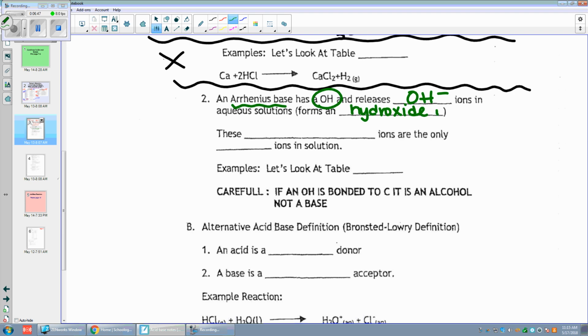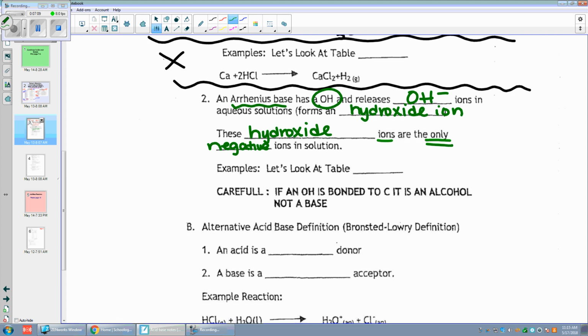So fill that in, ion. And these hydroxide ions are the only negative ions that I will see in solution if I have a base.